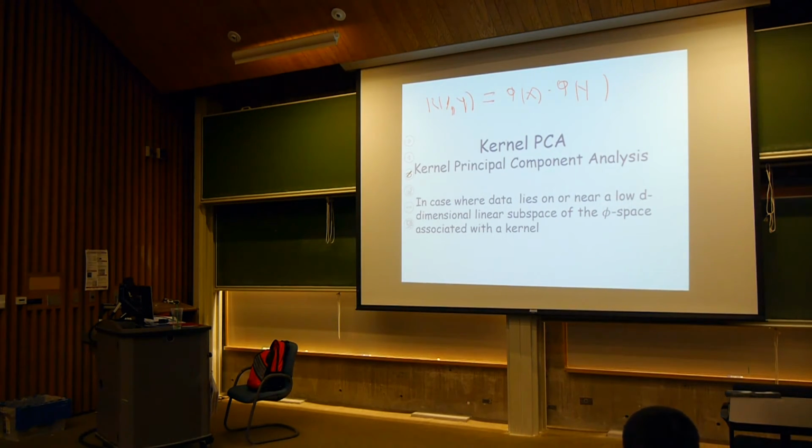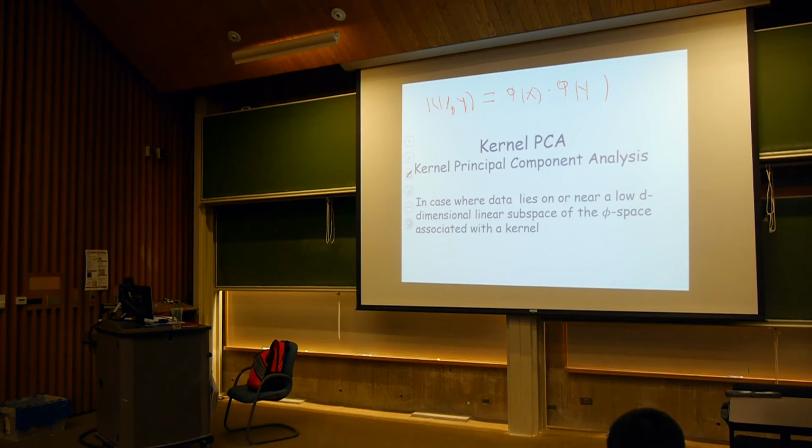Now, kernel PCA is going to do well if I have a kernel such that, when I think about what happens with the data in the phi space, I have the original data and I map it into a higher dimensional space, which can have very, very many dimensions, and after the mapping there is suddenly a nice linear subspace of that higher dimensional space, so that the data lies close to that linear subspace.